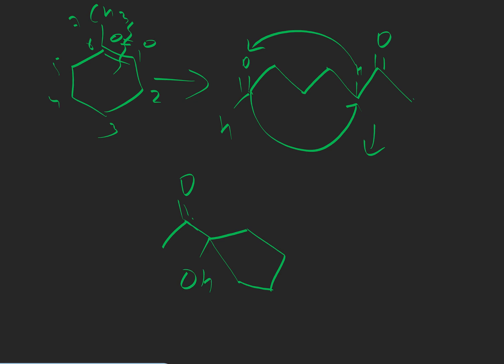And here I have got OH. So eliminating this in aldol condensation, we will get double bond O and like this. I guess it is the same compound that we have got.